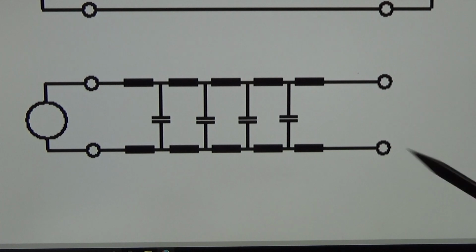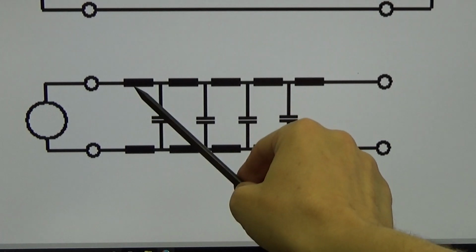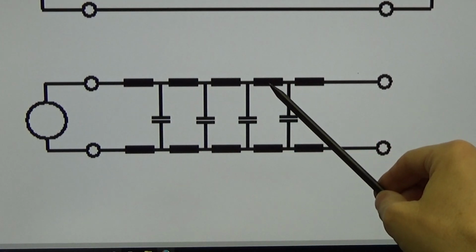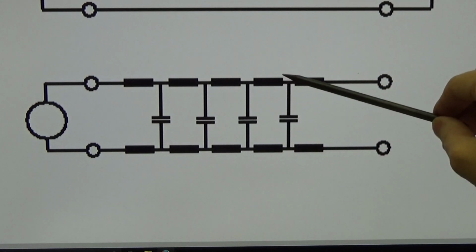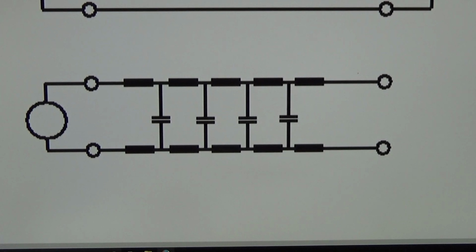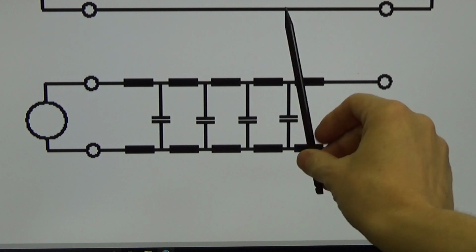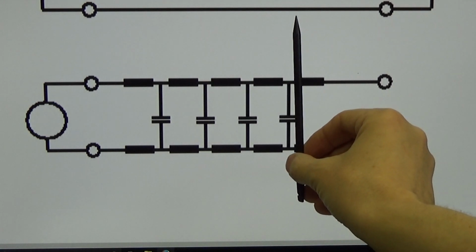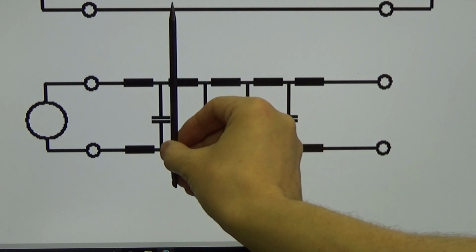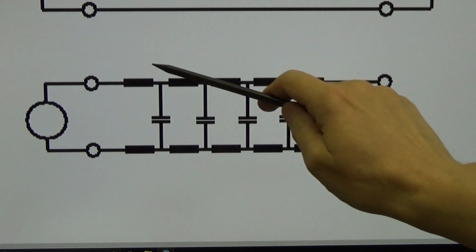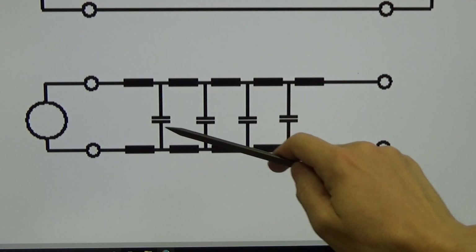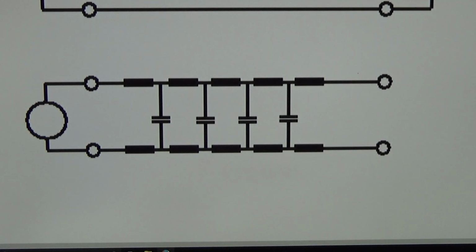What you see here is that we have a lot of inductance in line with the wire, and we have all these capacitances. Now, wherever you cut your cable, here or there, you see that the ratio of your inductance and your capacitance is always the same.